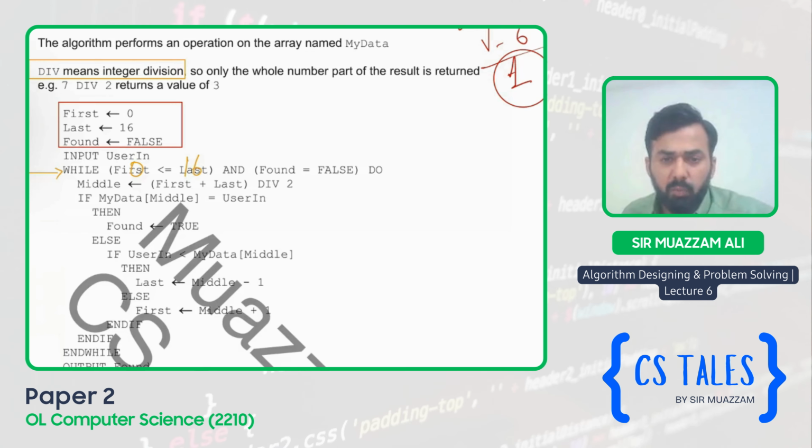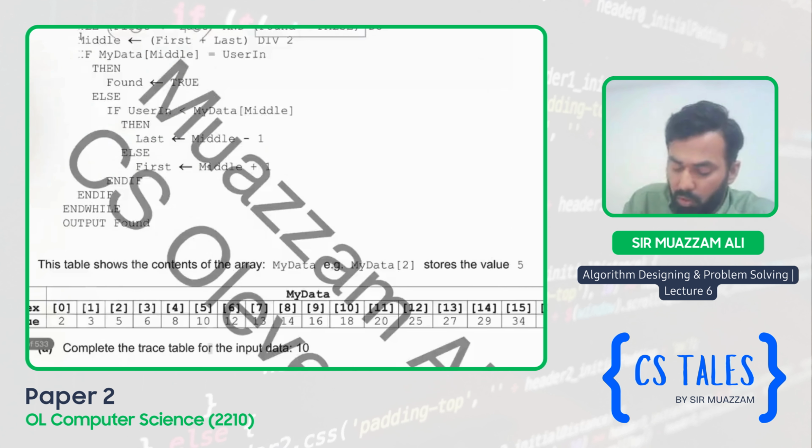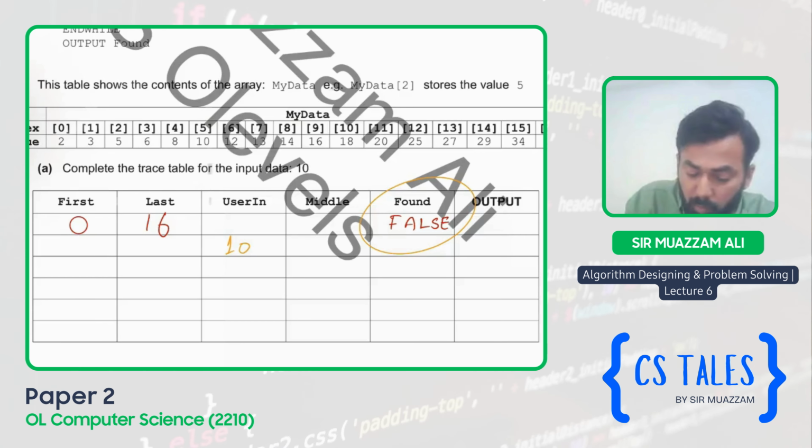Condition is true. Yes, this condition is true. And found is equal to false. This condition is also true. Look, there is found is equal to false. So both your conditions are true.